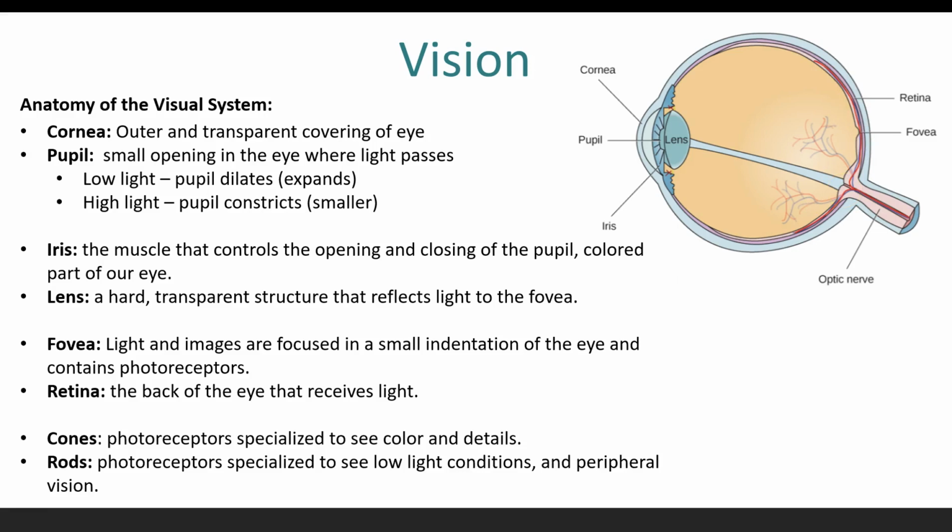Cones, located in the retina and the fovea, are photoreceptors specialized to see color and specific details, whereas rods are photoreceptors specialized to see in low light conditions and dull colors, and also peripheral vision. So cones are focused on this area right behind the lens for detail and color, whereas rods are mostly around the periphery of our eyes.